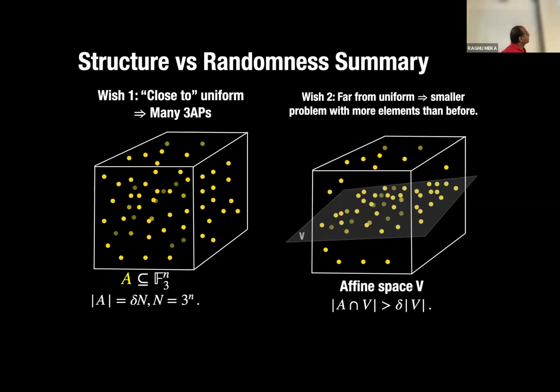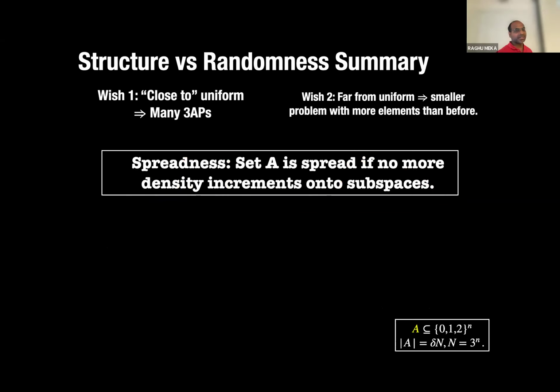To summarize, we started out with this wishful thinking: either I'm close to uniform and I'm done, or I'm far from uniform and I can do induction. This led us to the notion of spreadness. A set A is spread if there are no more density increments onto subspaces.